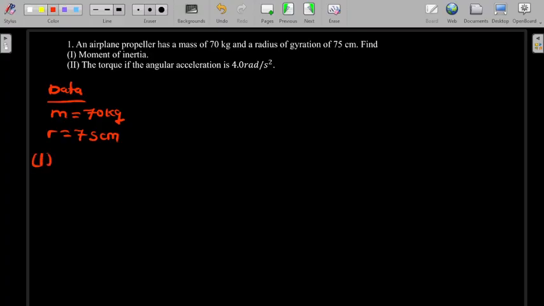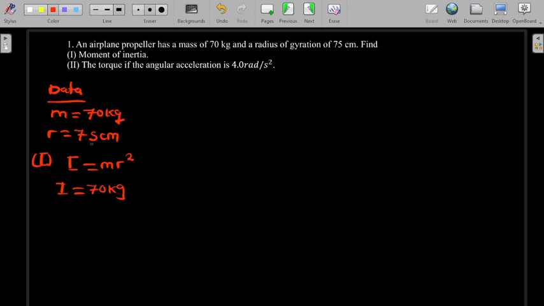So to find the moment of inertia, that is part 1, we say moment of inertia is equal to mass times radius squared. So the moment of inertia will be the mass, which is 70 kg. You substitute with units. Then the radius, we use the radius in meters.